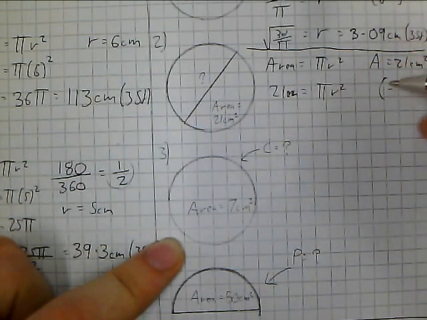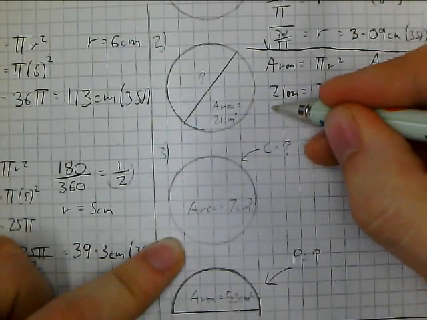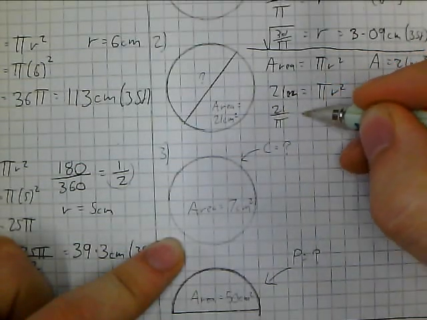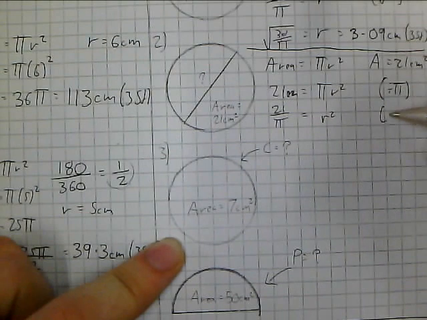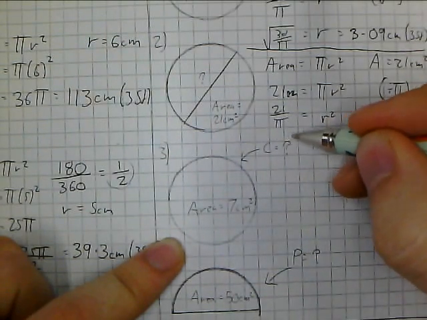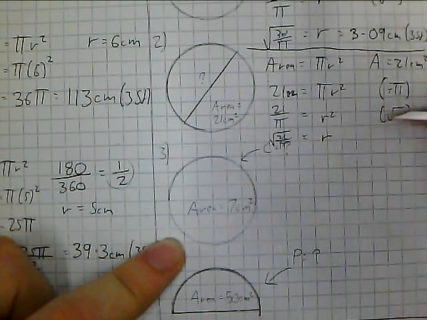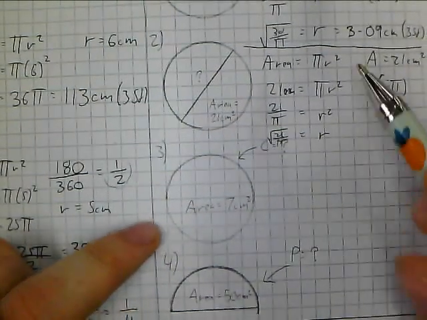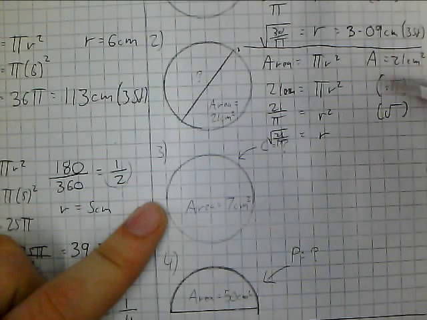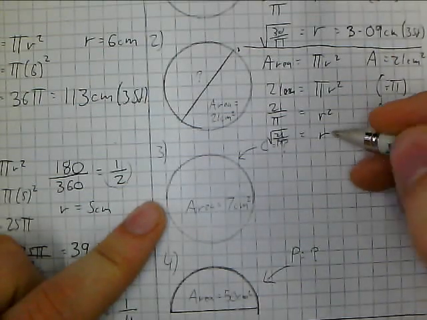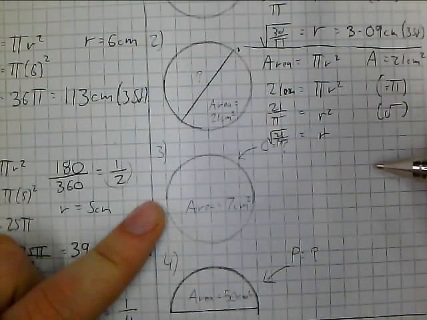So I'm going to divide by pi both sides, so 21 over pi is equal to r squared, and then I'm going to square root. So the square root of 21 over pi is equal to r. Okay, and I want the diameter, so I just want to double my answer afterwards.